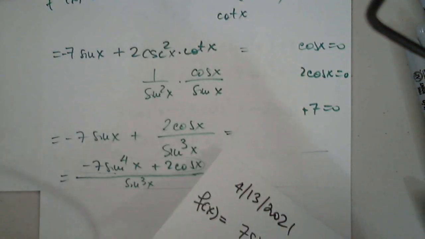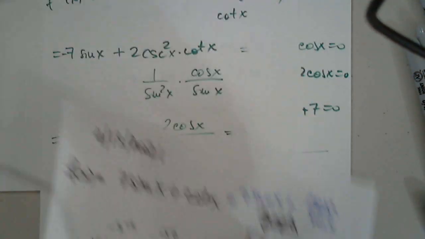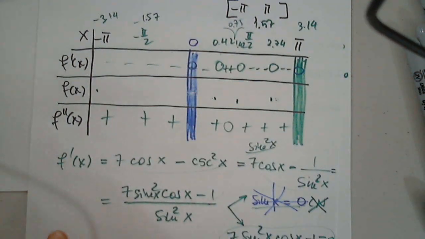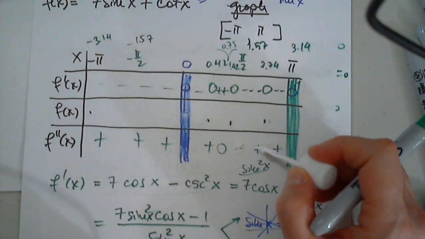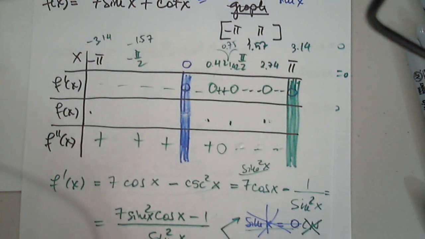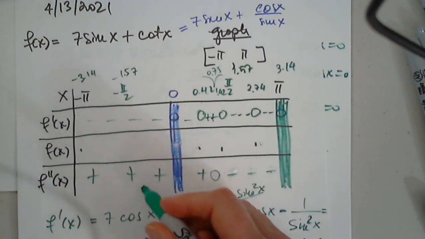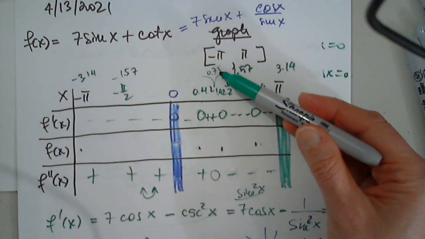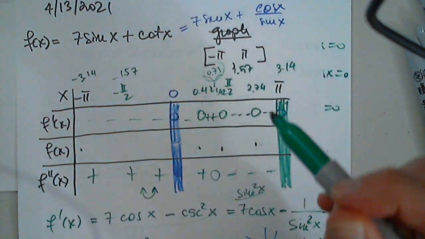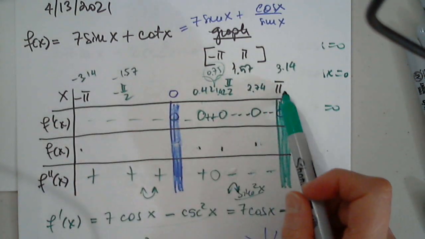With 0, this is positive. With pi, yes, it's cosine, yes, negative. Okay, so the inflection point, but again, I don't know how they want the answer. We can only give approximations here. Okay, so I got that the function is concave up between negative pi and 0.75, and it's concave down between 0.75 and pi.